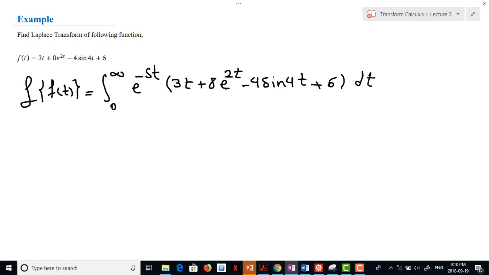So you have to find this integral, it's a very long integral. As a result, we use linear property of Laplace transform.